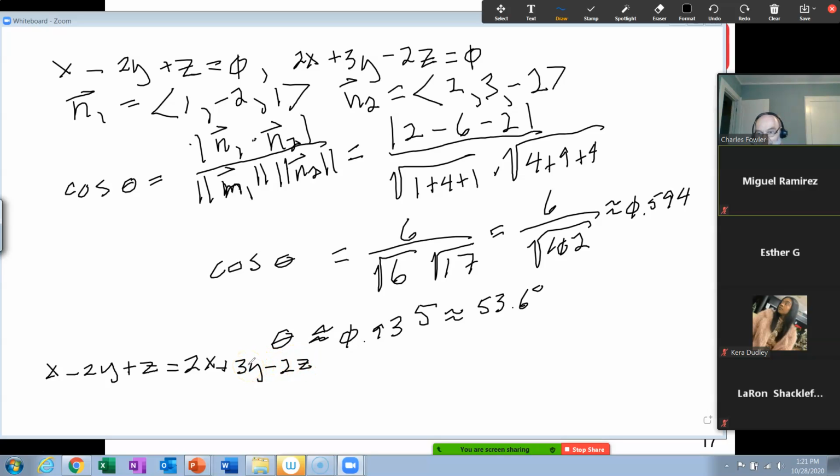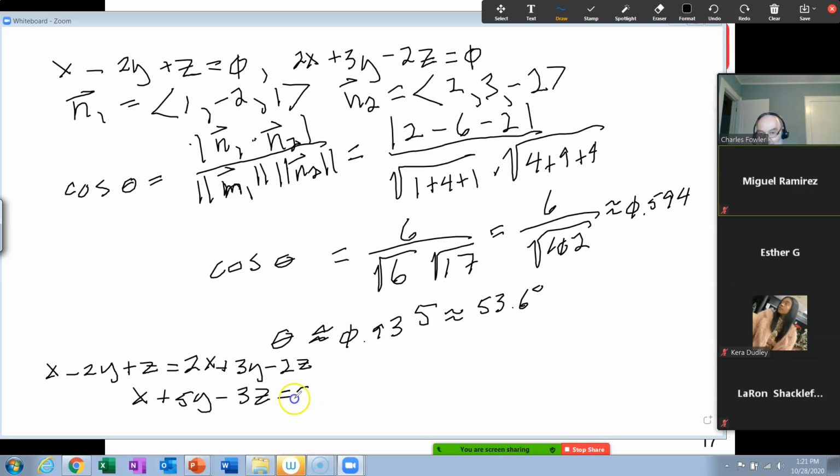I would subtract this from that. So 2x minus x is x, 3y minus negative 2y would be plus 5y, and then minus 2z minus z would be minus 3z.